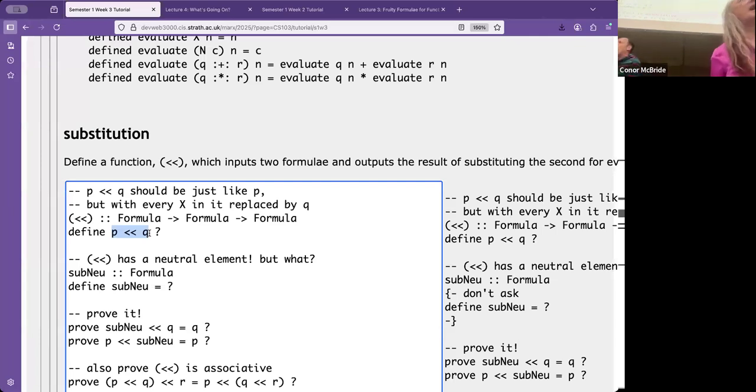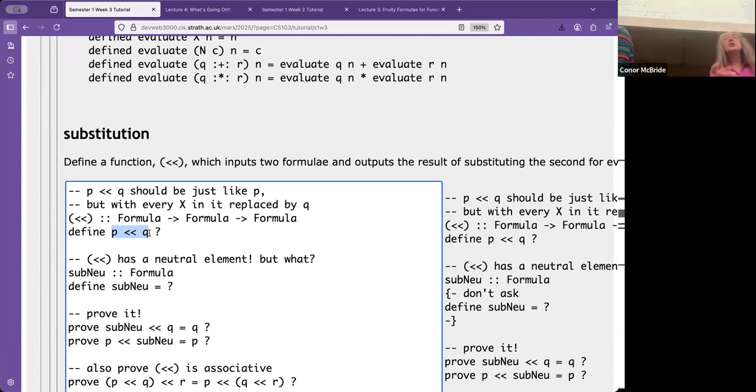Do you remember when we were adding? We said we want to replace the left lemon with the right number. Well, this is just the same thing again, except that instead of there just being one lemon at the end of the number, there are some number of occurrences of the variable in the formula, and you need to replace all of them with Q, and the rest of the formula stays the same.